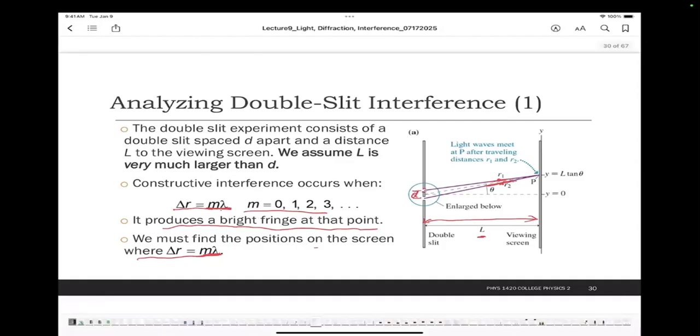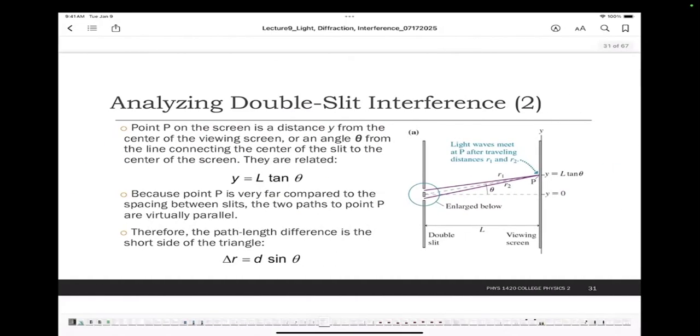For the experiment, take a point P on the screen at a distance y from the center of the viewing screen, at an angle theta from the line connecting the center of the slits to the center of the screen.